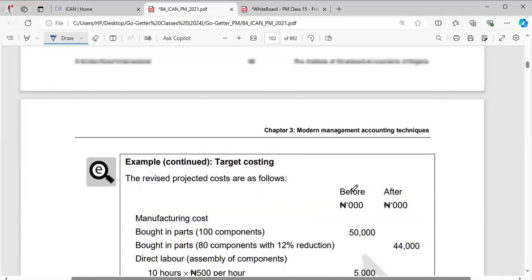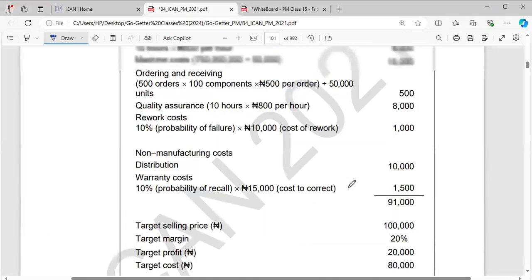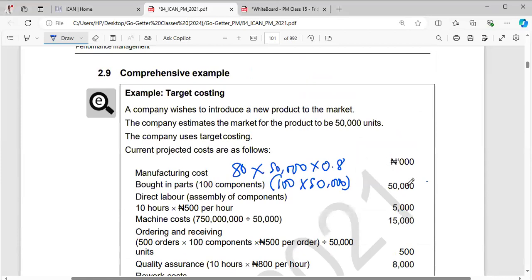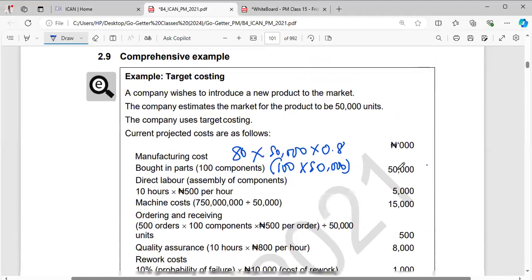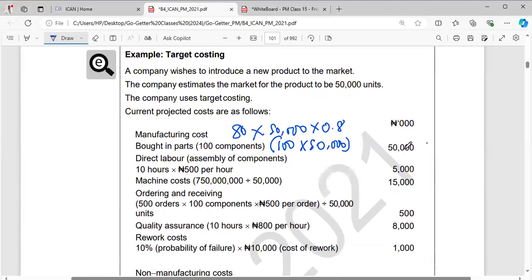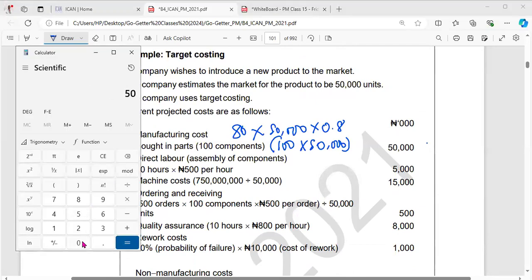Sorry, I can't fathom where they got 44,000. But what I know here is 50,000. You can do it another way here. Let's say 50,000 will multiply by the 12% reduction, 100 minus 12.